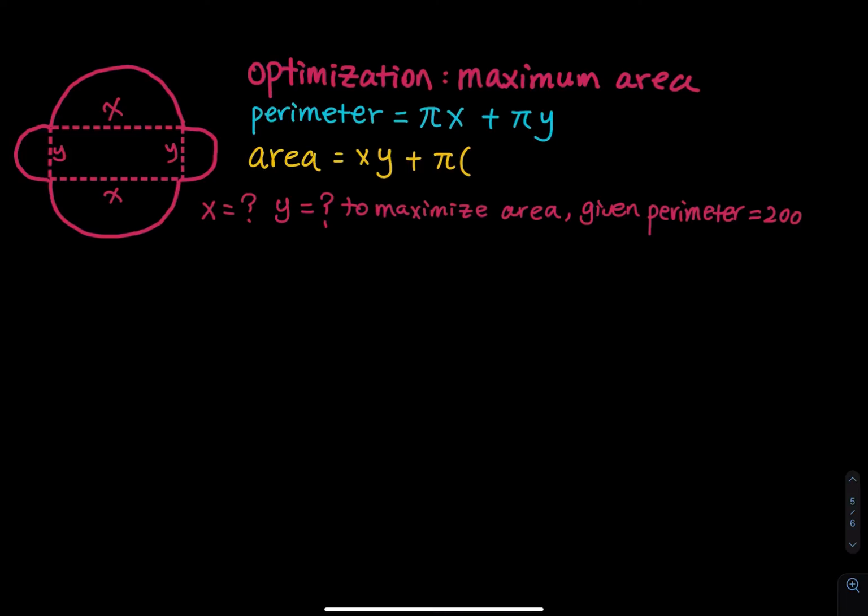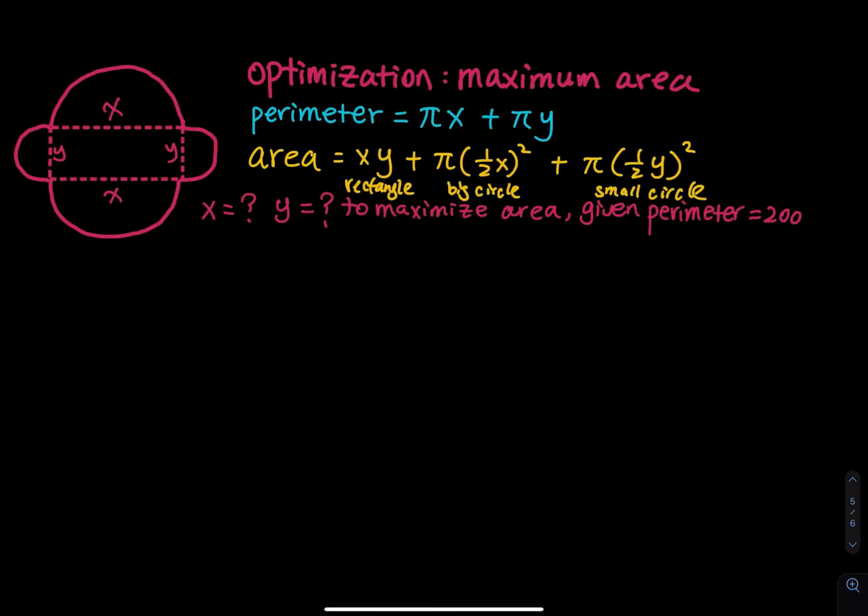That will be pi times the radius, which is half of x, squared. So this is the rectangle, and this is the bigger circle, and then we also need to take care of the smaller circle, which is pi times 1/2 y squared. So pi r squared gives you the smaller circle.